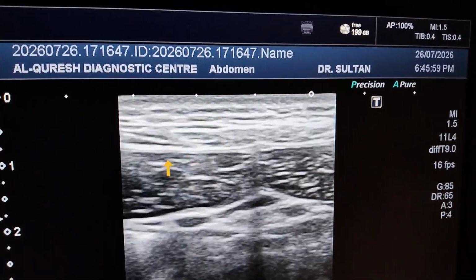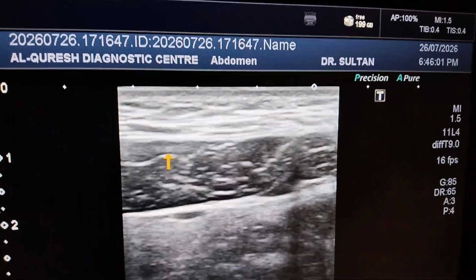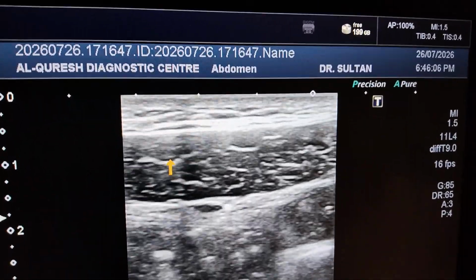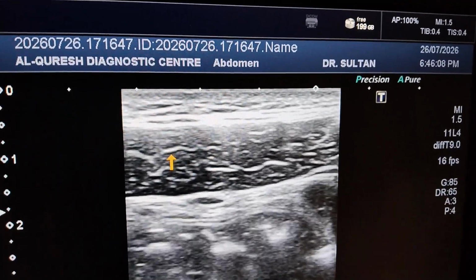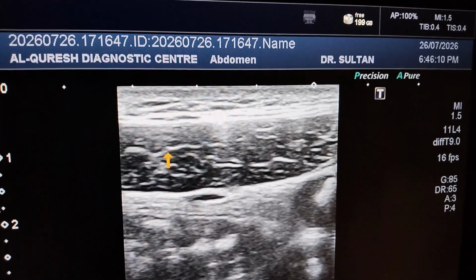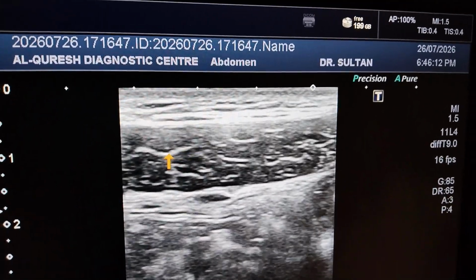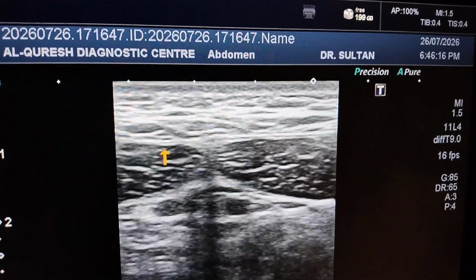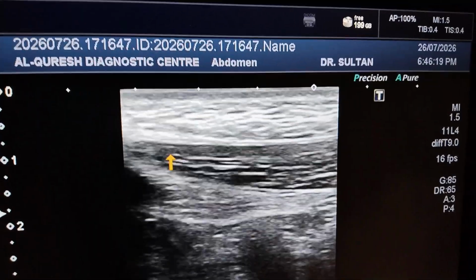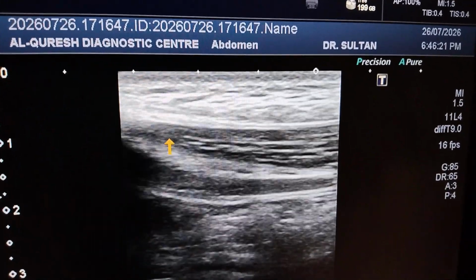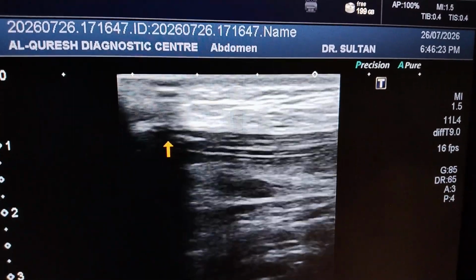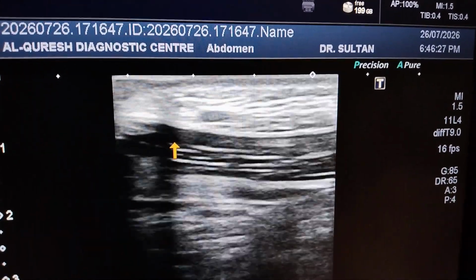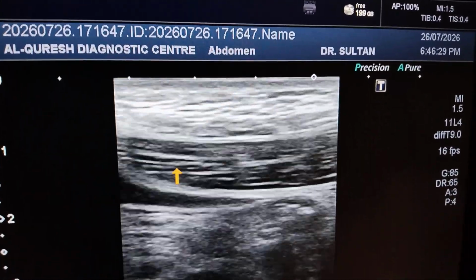And another anomaly may be the urachal cyst, in which a midline cystic structure is present. Cyst is present while the umbilical and bladder ends are closed. But it is not the patent urachus, not the urachal cyst, and it is a urachal sinus.